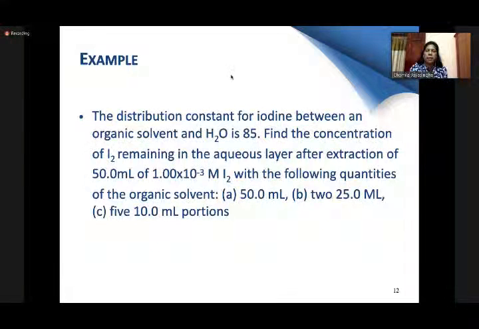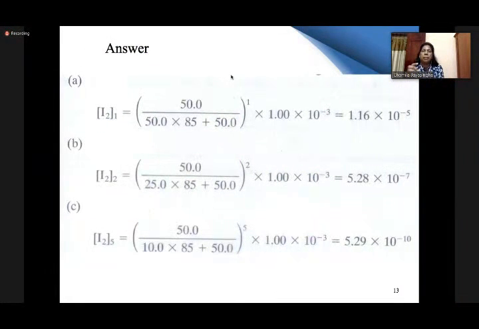Now in this example, you can see when we use the 50 ml at once, the remaining iodine is a large number.